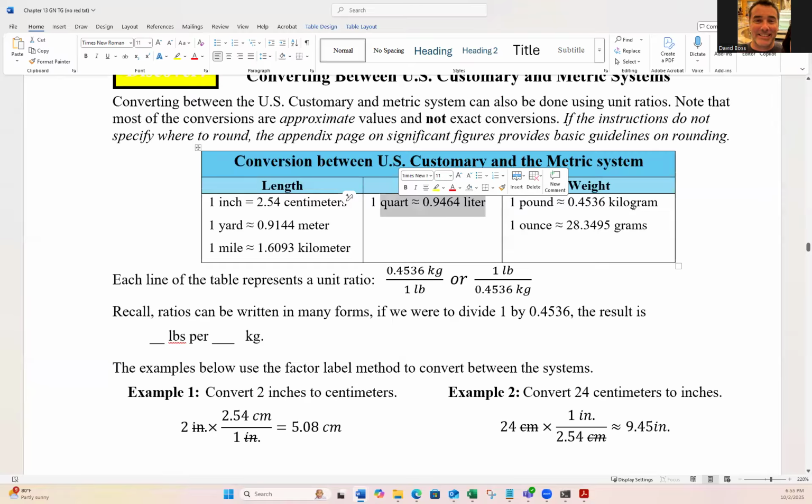It's quarts to liters, and a kilogram is 2.2 pounds. I know that. And that's what 1 over 0.4536 would be, 2.2. Okay, so each line in here can be used to create an identity ratio.